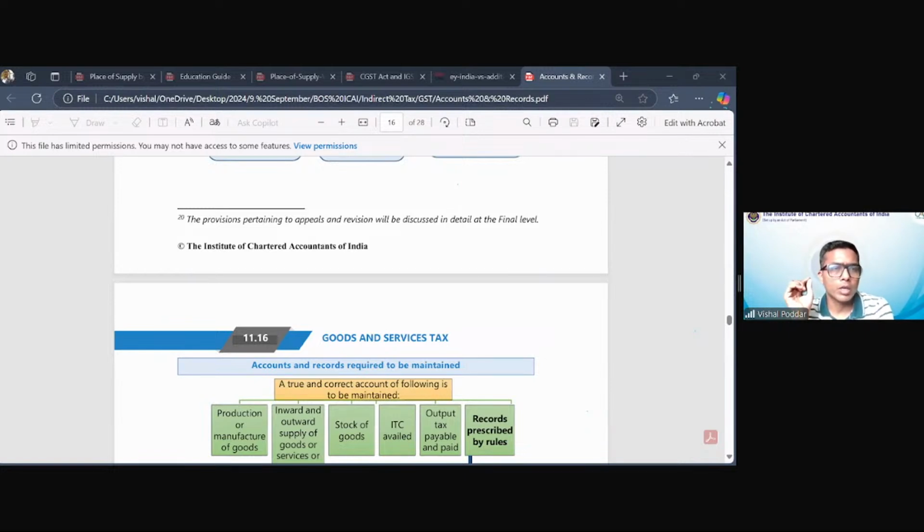See, beta, Hardik, you are asking me how 194T will be there. For that matter, understand one simple thing. I am the firm, you all are my partners. When I'm making payment of remuneration to you, I am required to deduct TDS. Now, how will it reflect? It will reflect like any other payment, any other TDS. Since I'm crediting this remuneration in the partner's account, let us say the remuneration is 100.